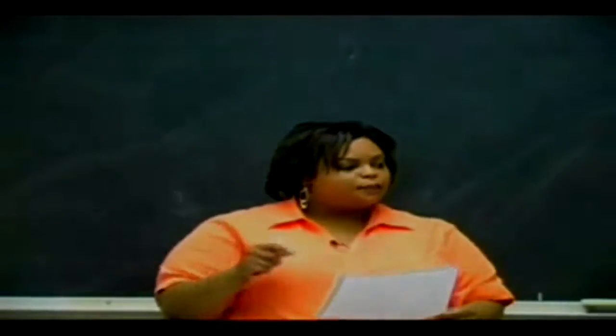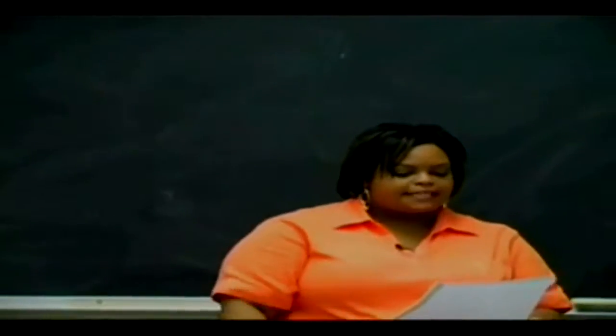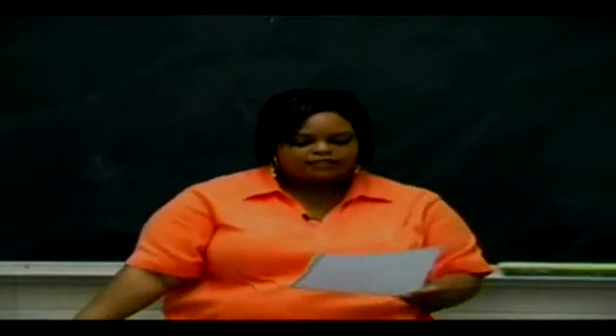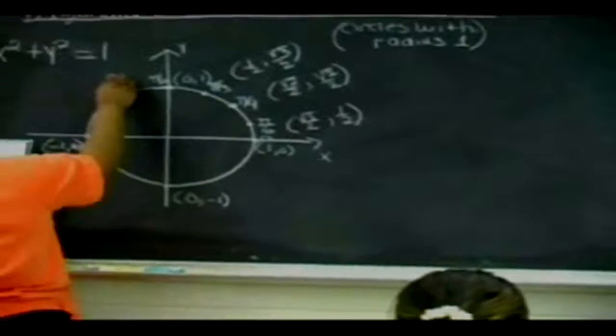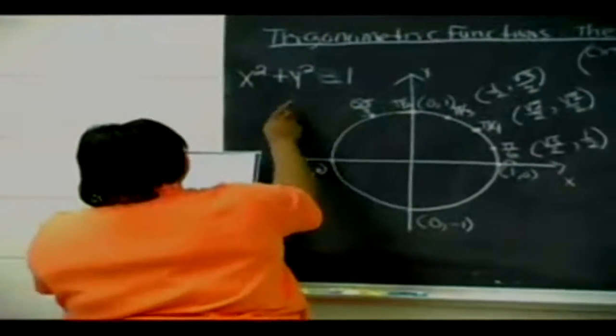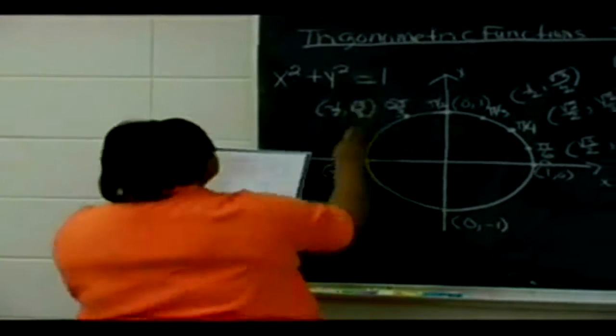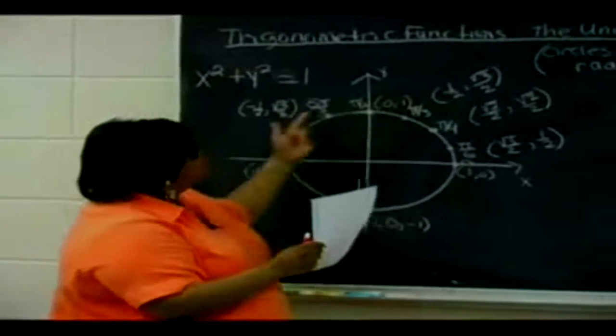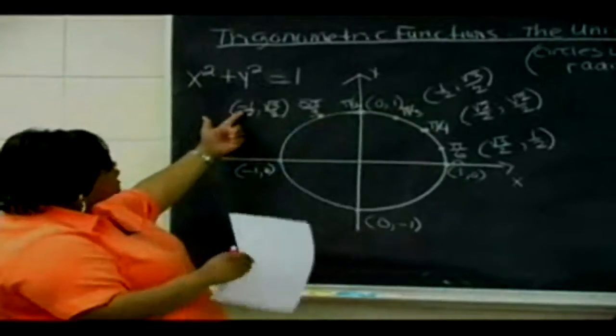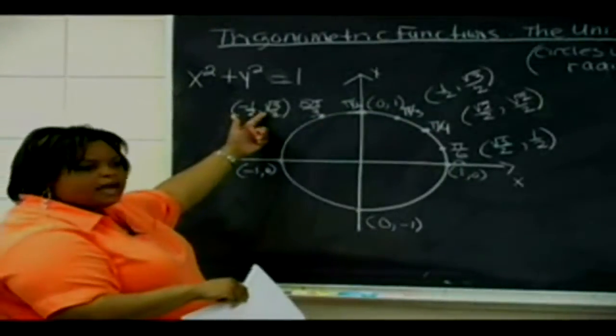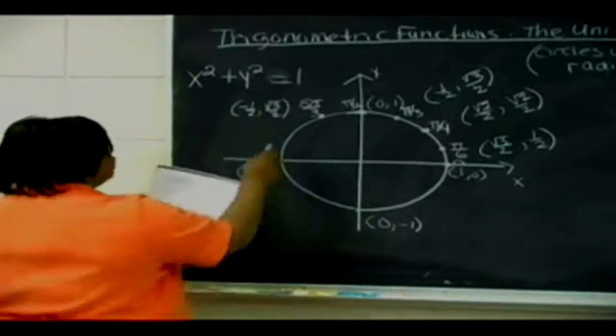If you look at 2 pi over 3 radians, which represents 120 degrees, the point associated with that has similar coordinates to the point associated with pi over 3. This is the point 2 pi over 3, and the point associated with it is negative 1/2, square root of 3 over 2. Notice, very similar, but what? Over here, the x's are negative and the y's are what? Positive.